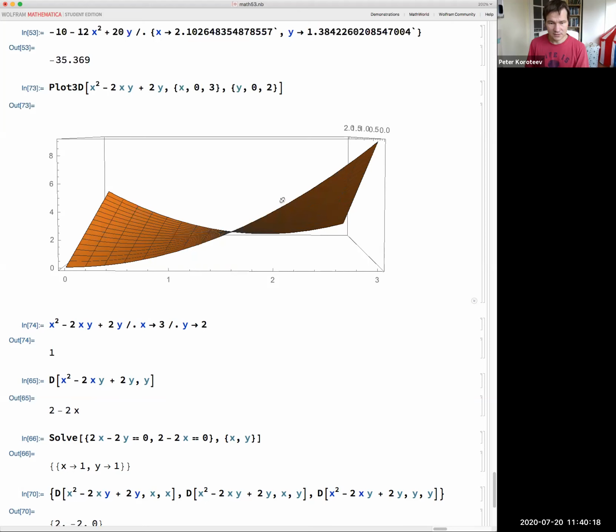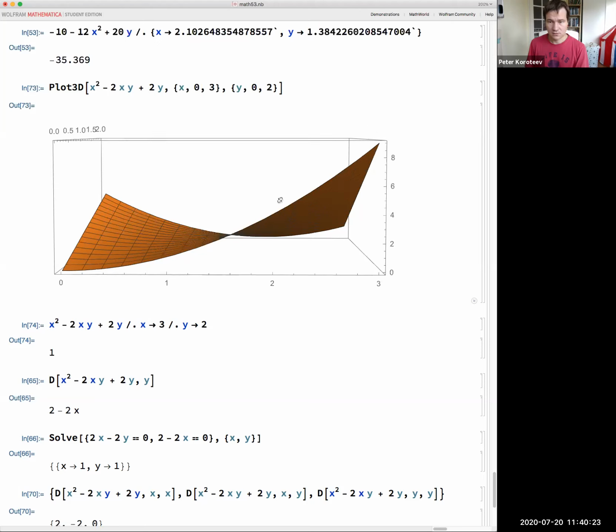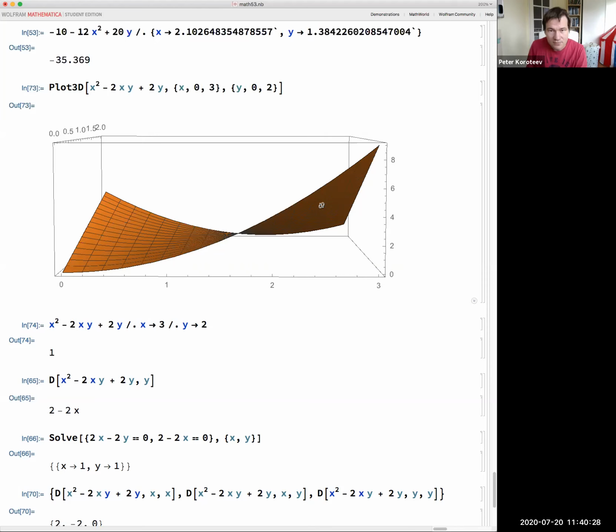It doesn't look like 1, does it? It looks more like a 9. I'm not sure what's wrong.